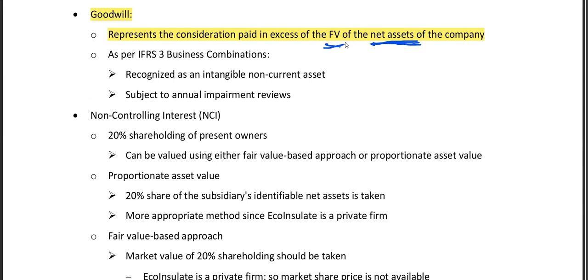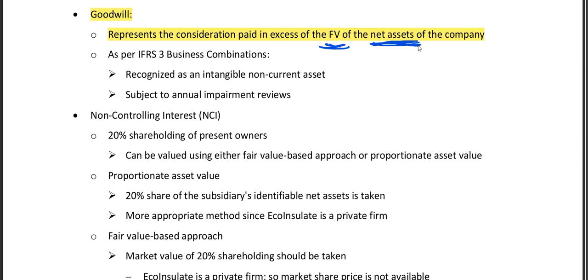Because remember, the assets in the financial statements are reported at their historical cost or their net book value or carrying value after accounting for depreciation and so on. But the fair value or market value could be different, especially if the assets were not revalued in recent times. So you have to consider the fair value of the net assets; this is what's going to belong to us.